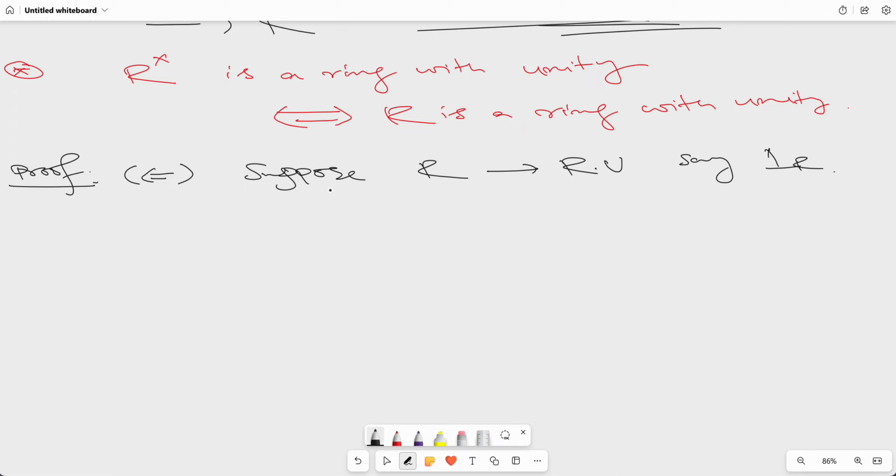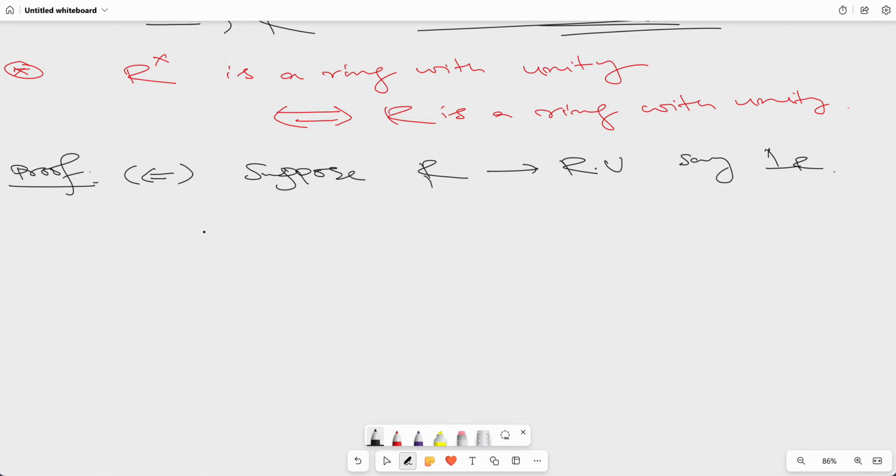R is a ring with unity, suppose 1R. You have to show that Rx is a ring with unity.